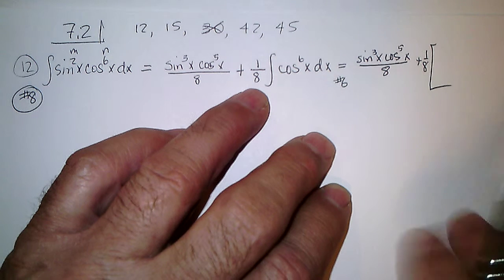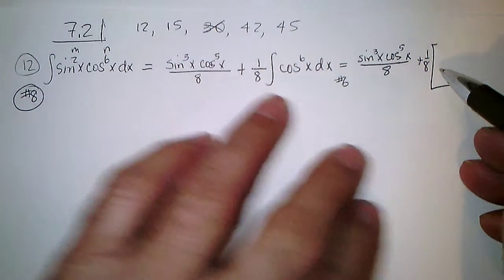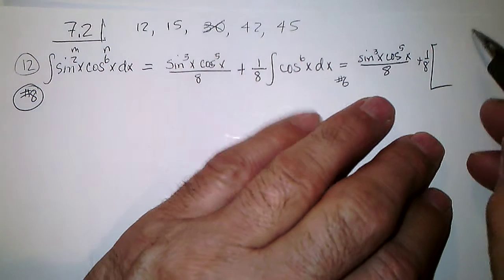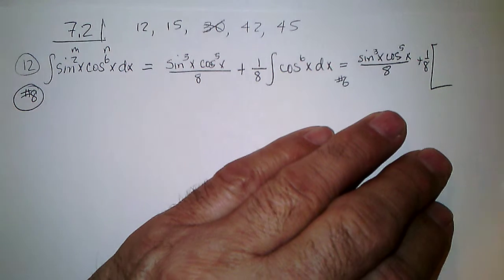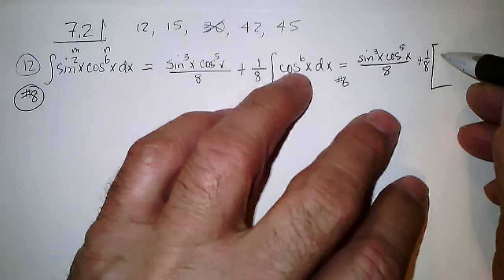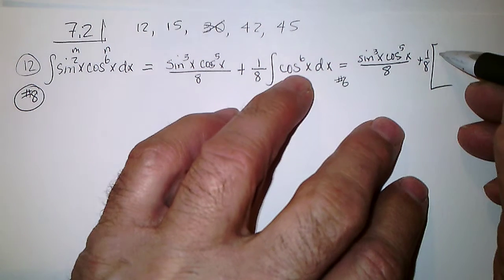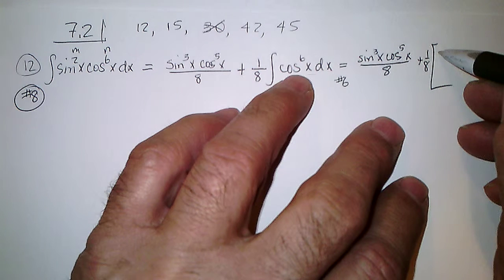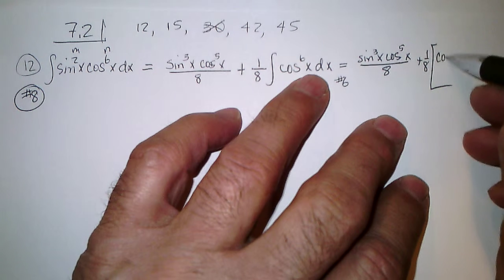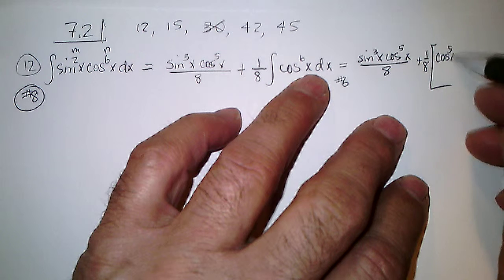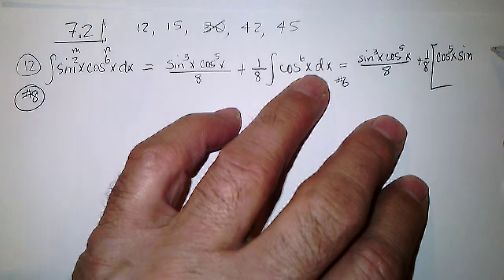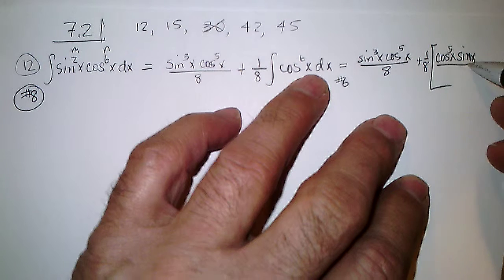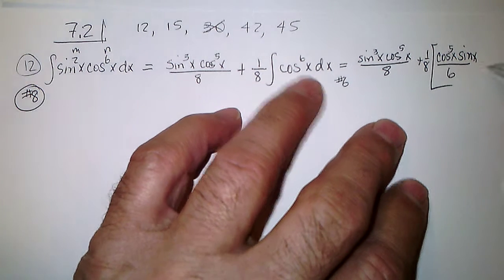Now I've got quite a bit to do here, and I don't know if I'm going to get it to fit on here. I was hoping I would. So the cosine reduction formula says cosine to 1 less, so that would be cosine to the 5th x sine x over n, which was 6.